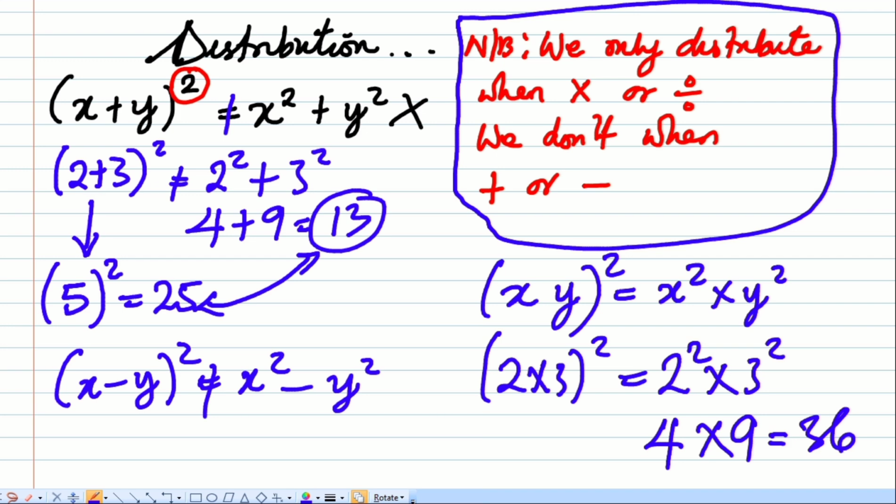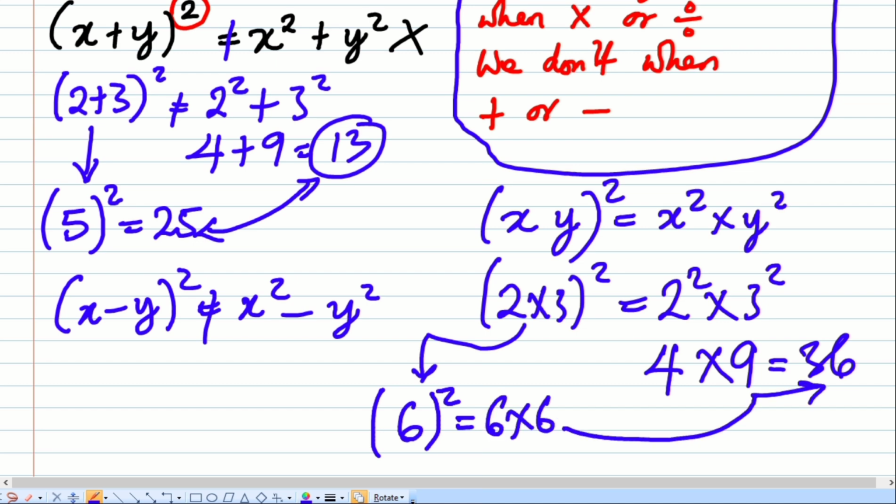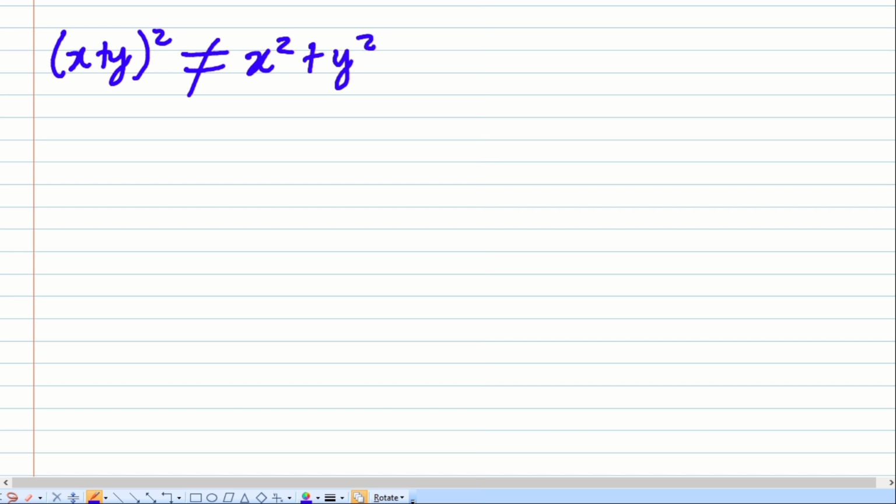Now let's simplify the bracket straight. This is the same as 2 times 3 in the bracket, which is 6, squared. And you see that 6 squared is 6 times 6, which is indeed 36. So in multiplication or division, you can distribute. Let me summarize. If we have (x plus y) squared, it is not equal to x squared plus y squared.